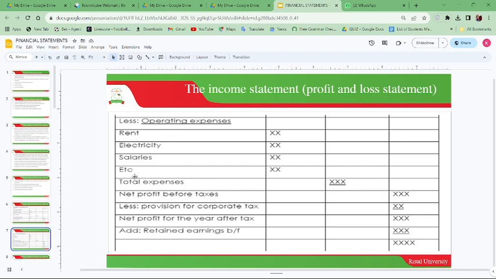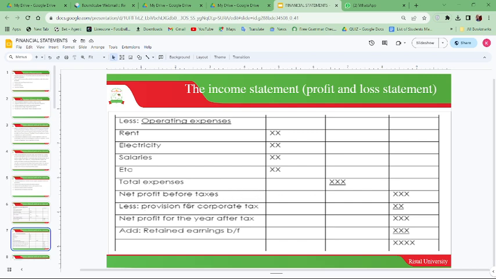So we get the total expenses. After getting the total expenses, we want to get the net profit before taxes. You less the expenses from the gross profit to get the net profit before taxes.